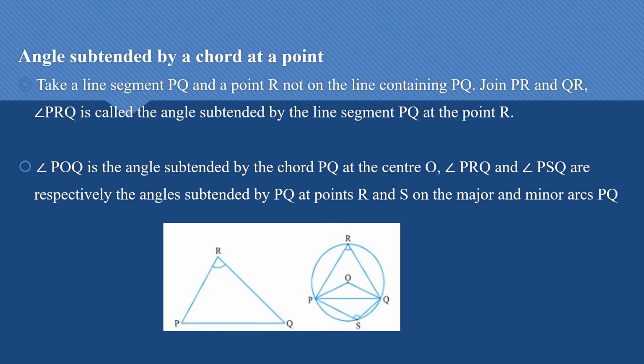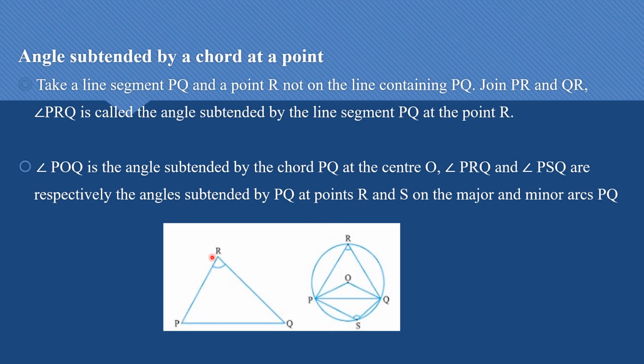Angle subtended by a chord at a point. To know how we can see the angle made by a chord at a point, let us take a line segment PQ and a point R not on the line containing PQ. Now join the points PR and QR.